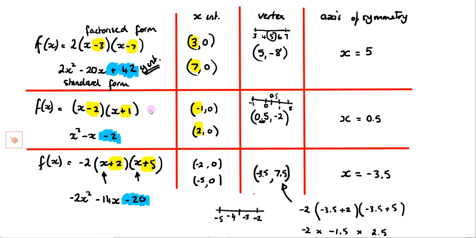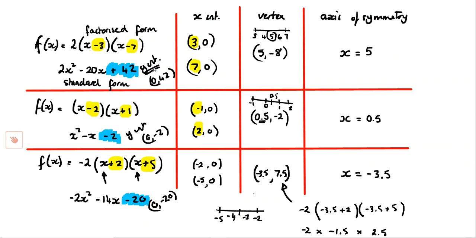Okay, the y-intercept. So it would be at 0 minus 2, the y-intercept. This would be 0, 42. This would be 0, negative 20. So in what we've been asked to do here, factorized form, but the standard form that you've been working on as well, will give you the y-intercept.